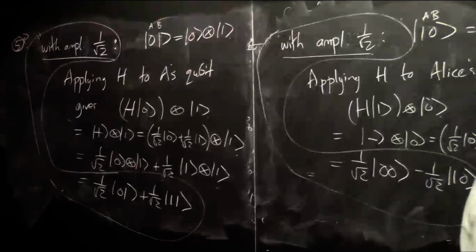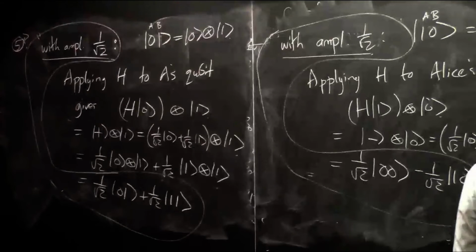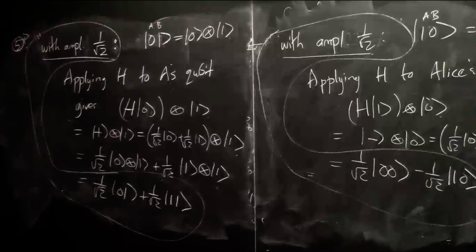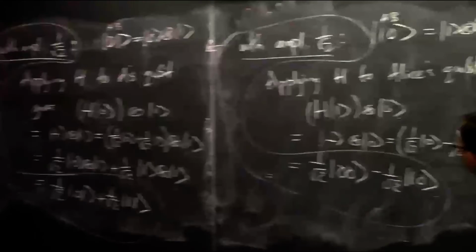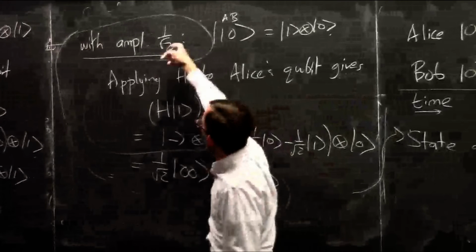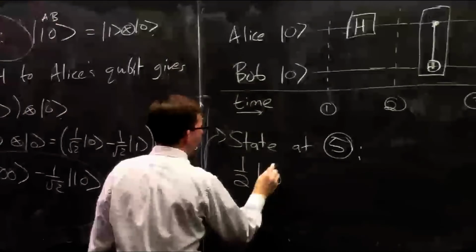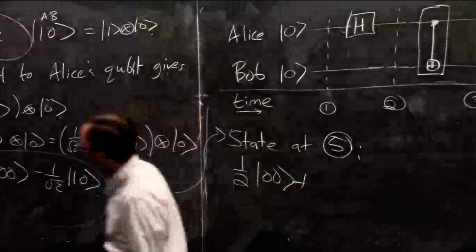So finally, the state at time 5 is, let's see, how much 0 0 do I get? I get 1 over root 2 times 1 over root 2, 0 0, a half. How much 0 1 do I get?